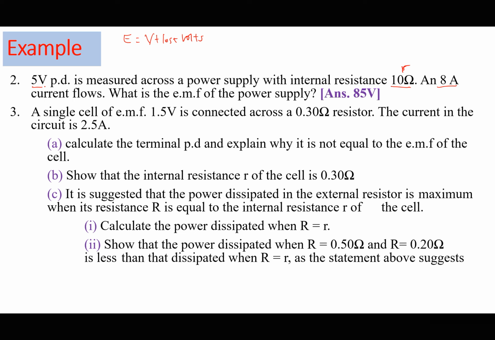This 5 volts is measured across a power supply with internal resistance 10 ohms. An 8 ampere current flows. So the current flowing is 8 amperes. What is the EMF of the supply? The easiest way to think about this is maybe to draw a simple sketch, even though it's not necessary.